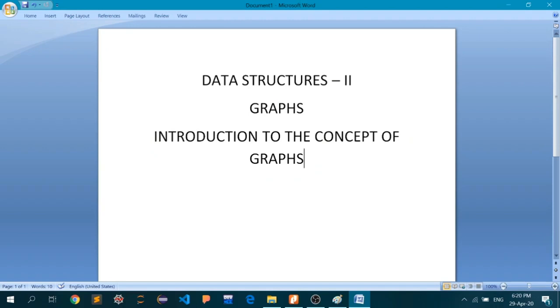Now I'll give you a minute detail of what we are going to study in the next few lectures for this topic. In today's lecture, I'm going to introduce the concept of graphs. In the next lecture, I'm going to introduce the representation of graphs. After that, for 2 to 3 lectures, we'll see how we are going to traverse and search in this kind of advanced data structure.